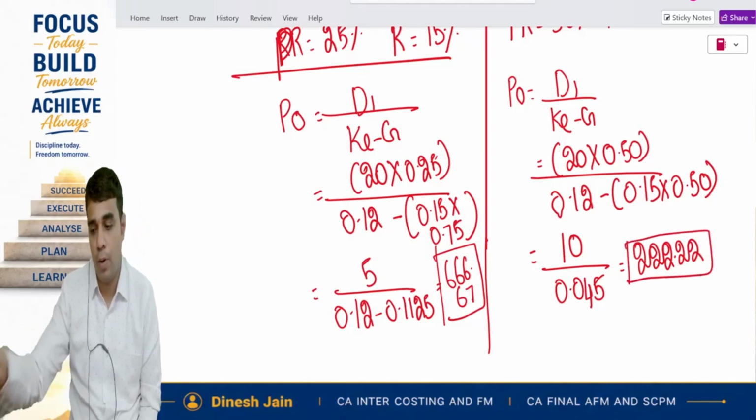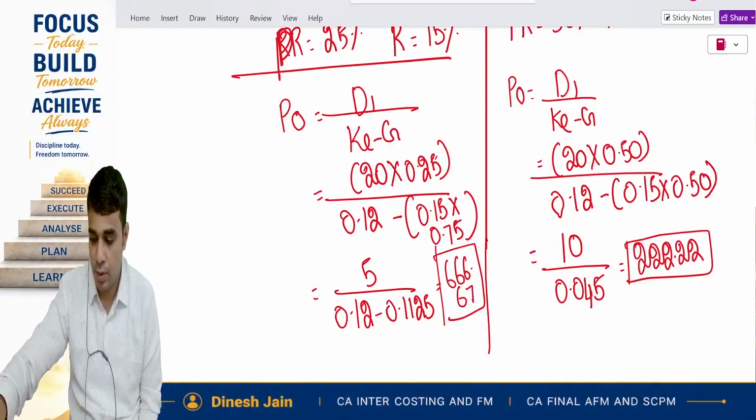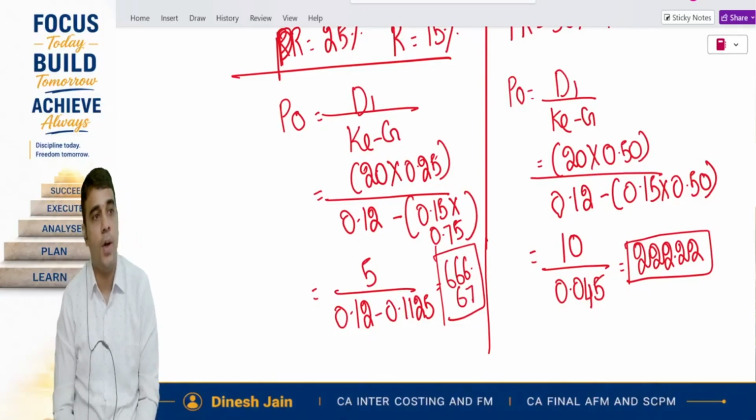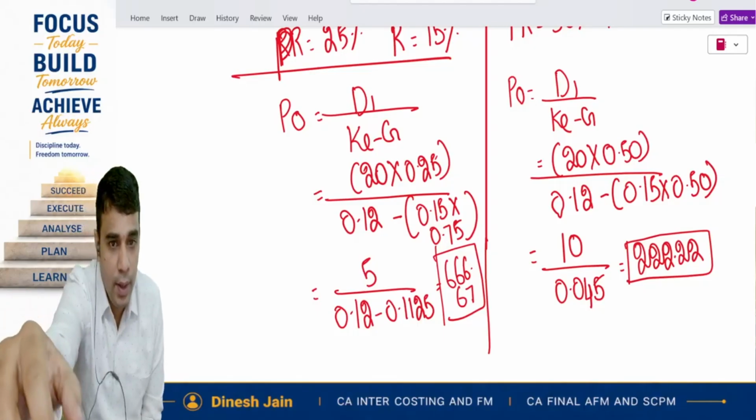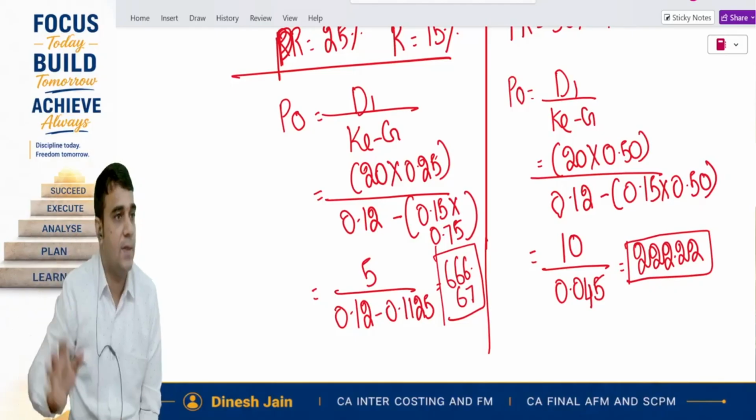Triple 2.22. 222.22. Impact means the difference in the values.